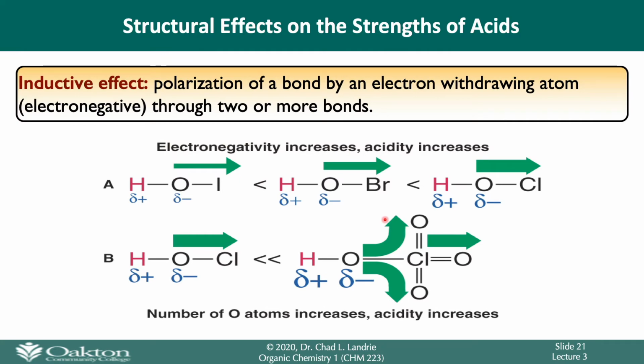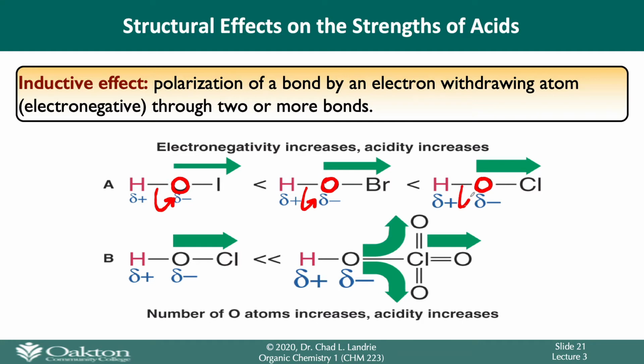Let's use the electronegativity principle when the atom losing the hydrogen is the same. If we look at case A here, we see that the atom losing the hydrogen is the oxygen in each case. It's not iodine, bromine, chlorine, it's oxygen. If we were to write a dissociation mechanism, it would look like this.